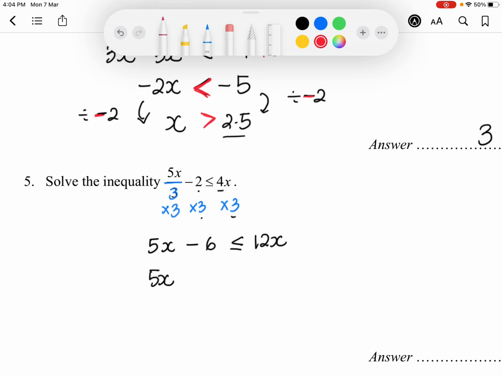This one is +12, shifted over across the border, change the passport, so it becomes -12x. Then nobody is the citizen here, so somebody migrated over. This is -6. You come over this side, it will become +6. Okay, so I just write 6 will do.